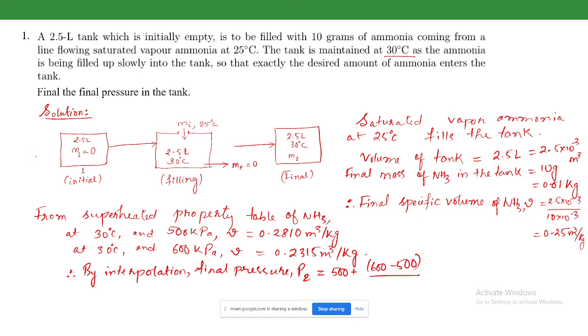This is just simple interpolation. So this value comes out to be 562.62 kPa.